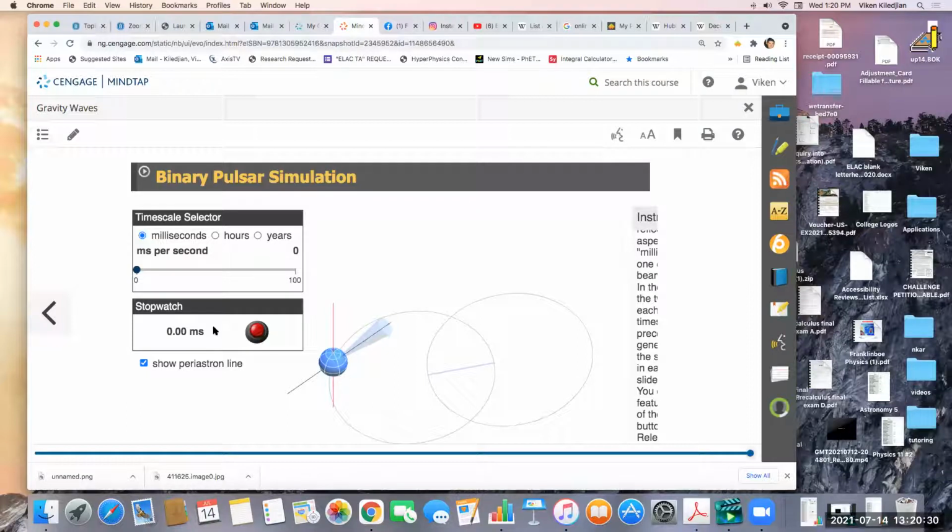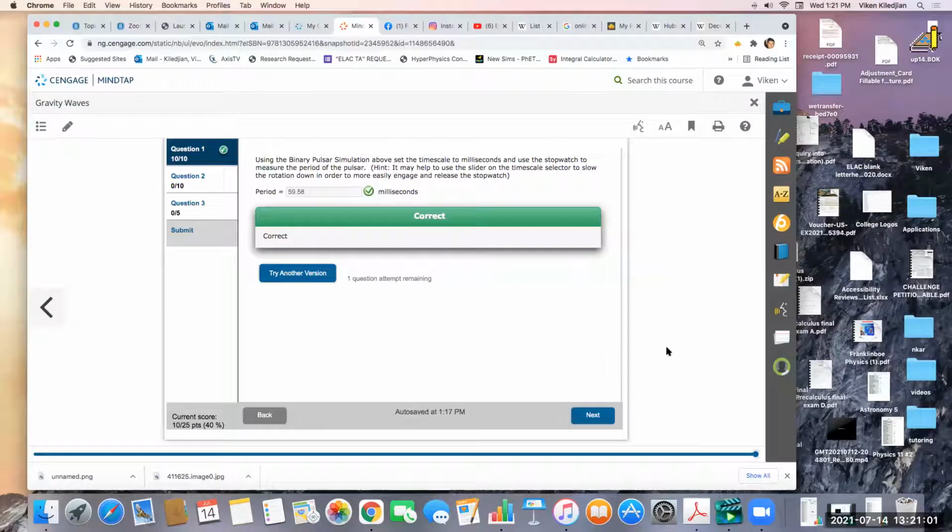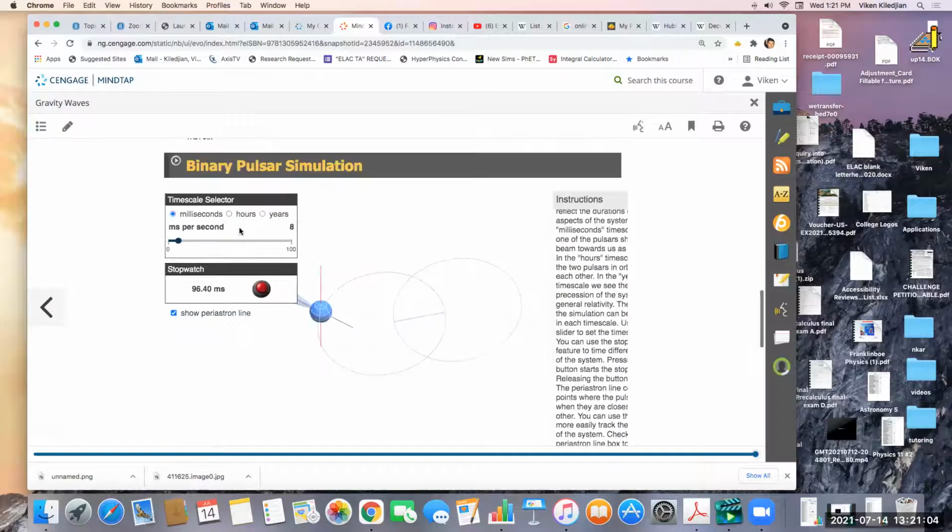So I took the picture fine, but the problem was, hold on. Maybe the problem is I'm too zoomed in. Hold on, that might be the problem.